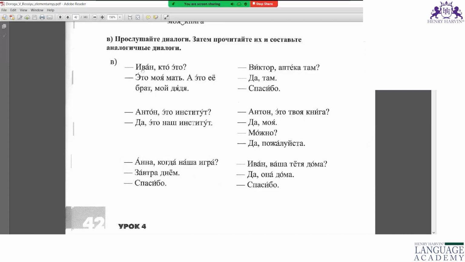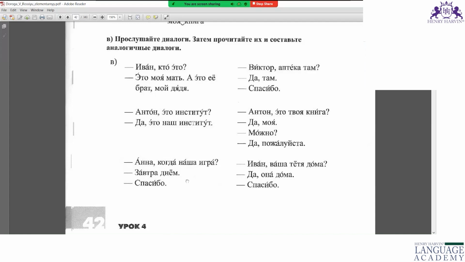Так, посмотрим. Иван, кто это? Посмотри. Это моя мать, а это ее брат, мой дядя. So this is my mom and this is her brother, my uncle. So her brother is my uncle. Да? Антон, это институт? Да, это наш институт. Анна, когда наша игра? When is our game?